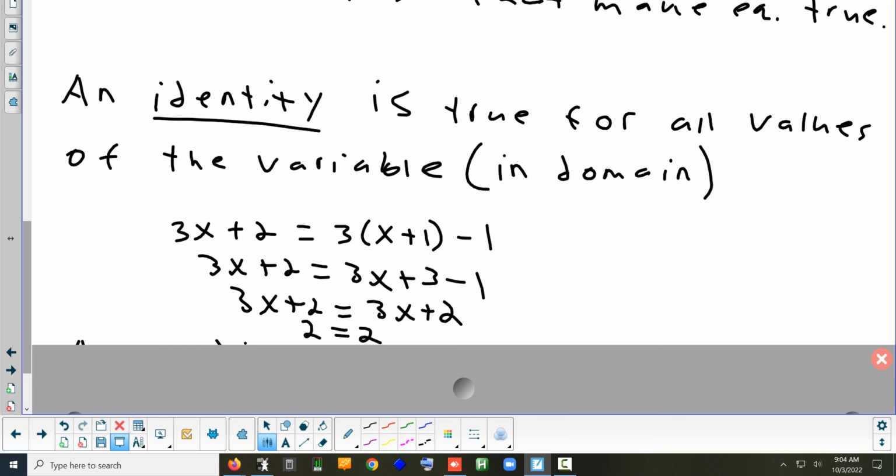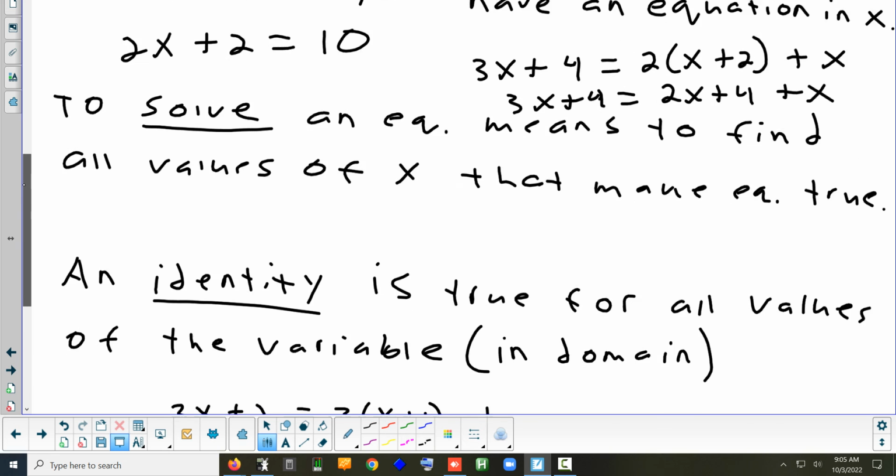Well, that's true. So when you end up with the same thing on both sides, that's called an identity. You can't plug in a number for x here that wouldn't work. Everything works. Any question on that?